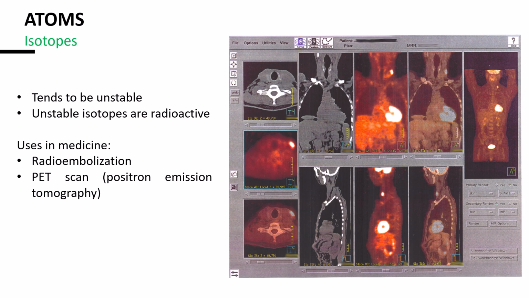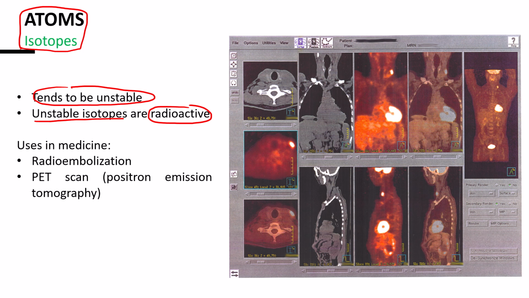All right, so I just mentioned how we can apply this for medical purposes. Let's think about this first. When you have isotopes, they tend to be unstable. And unstable isotopes are radioactive. They're sometimes called radioisotopes because they generate energy called radiation energy.